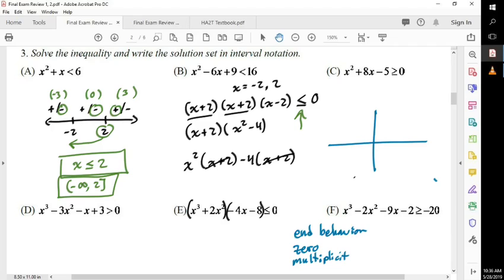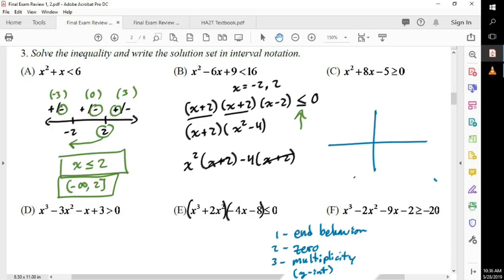Multiplicity just tells you whether or not you bounce or go through each of the zeros. And then for a bonus one, the bonus one is y-intercepts. You don't have to do the y-intercept most of the time, but it is a bonus. Some of you guys like bonuses.